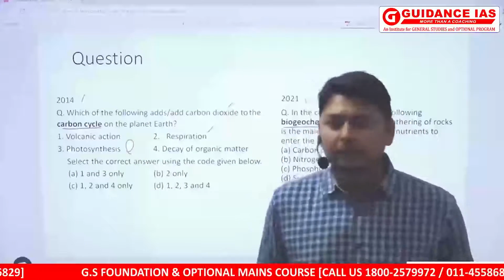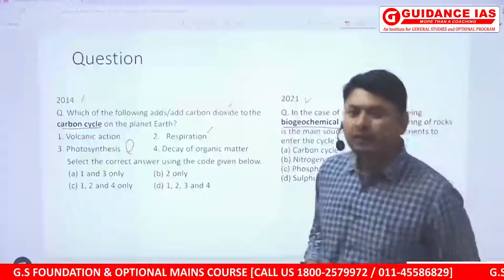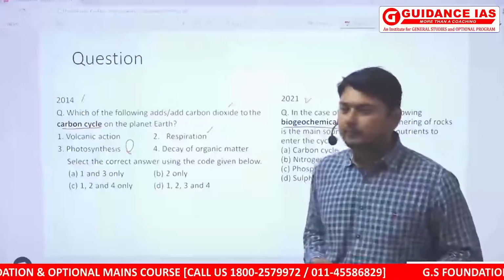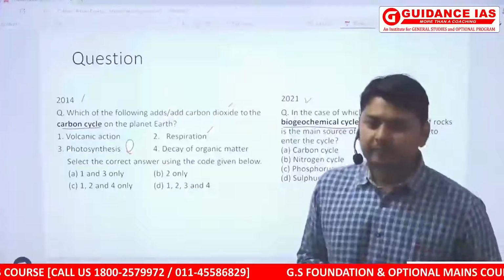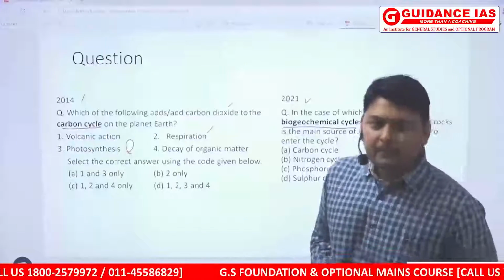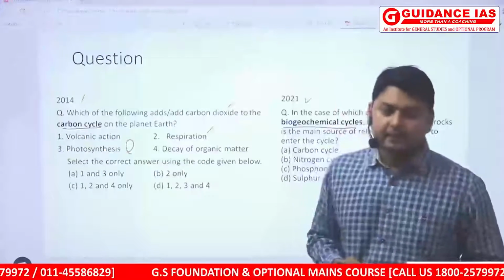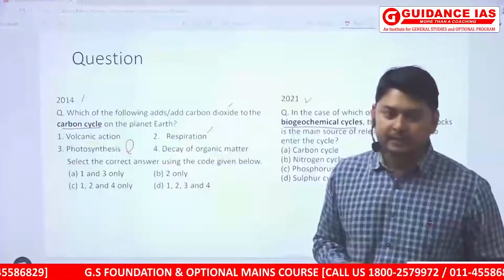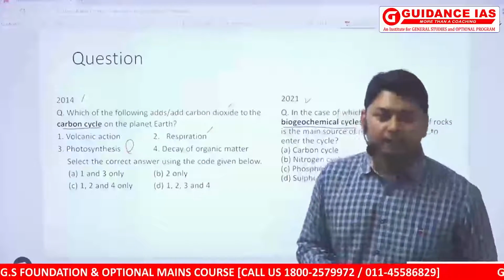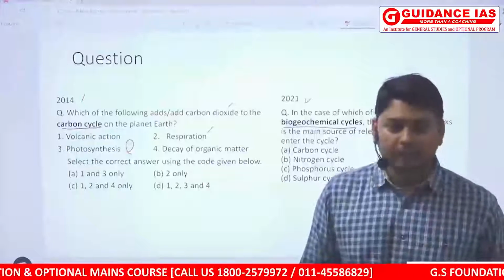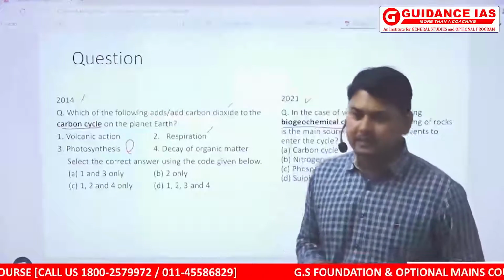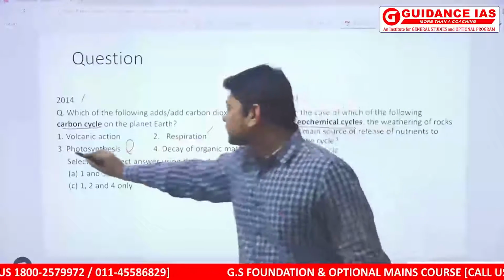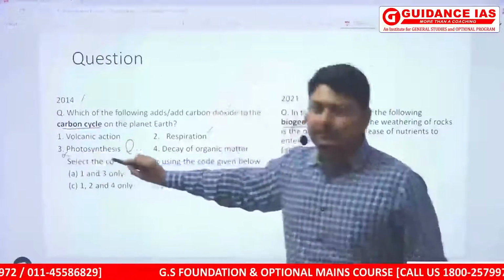Would anyone like to elaborate on this? What is photosynthesis? Basically, green plants do the process of photosynthesis in the presence of a pigment called chlorophyll, through which they take in carbon dioxide and produce oxygen. So this option is cancelled.